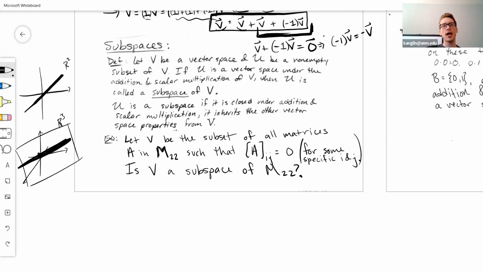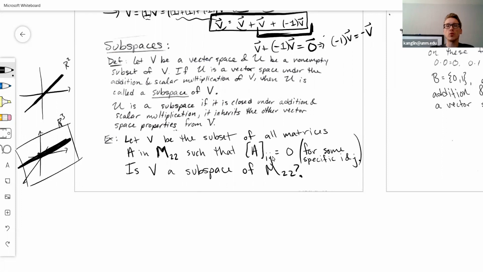Okay, so as an example here, let V be the subset of all matrices A in M22, so the set of real 2x2 matrices, such that the ijth element of A is 0. And I'm thinking of this for some specific i and j. It turns out it doesn't matter which one. For example, i could be 1 and j could be 2.